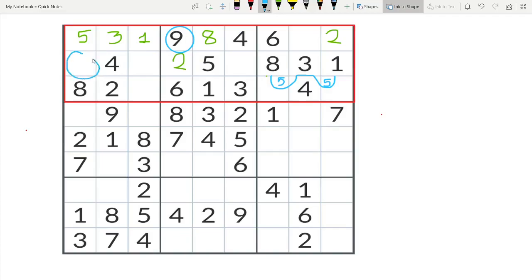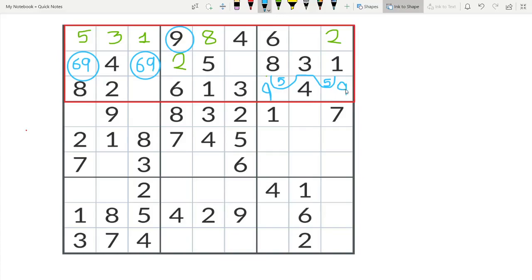I'm going to draw a circle over here and write down that this cell can either have number 6 or number 9. Same way for this cell, this can either have number 6 or number 9. What that tells me is that if any of these two cells is number 6, then the other one has to be number 9.